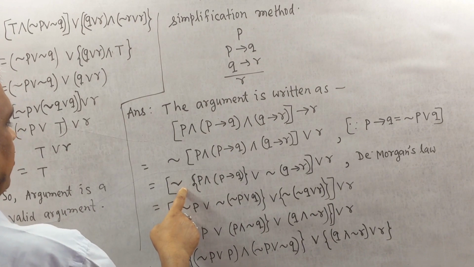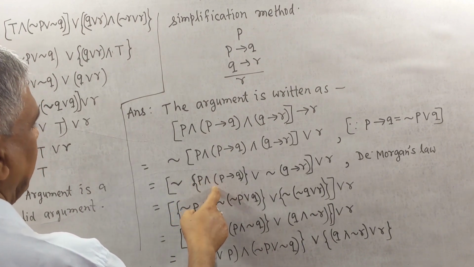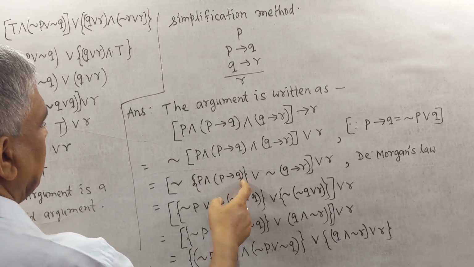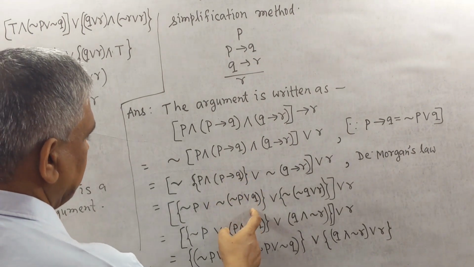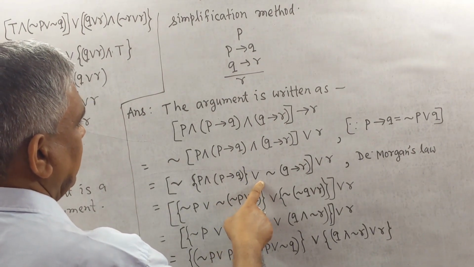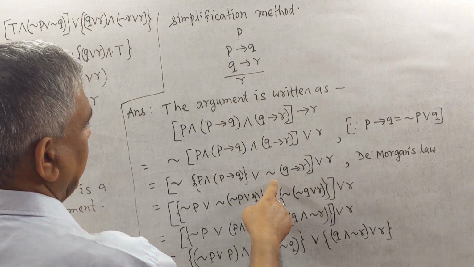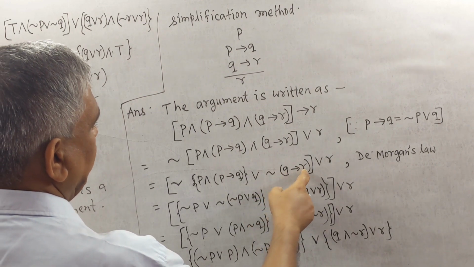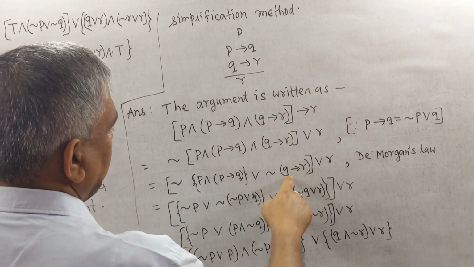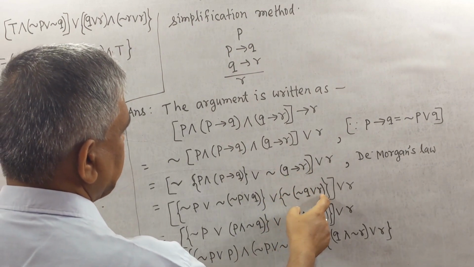So again by De Morgan's law, negation P disjunction, negation of P implication Q, the value of P implication Q is negation P disjunction Q. Here disjunction, negation of Q implication R. Again we apply here Q implication R means negation of Q, disjunction R.